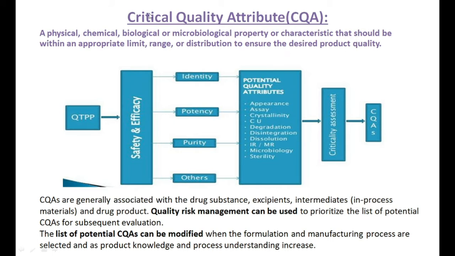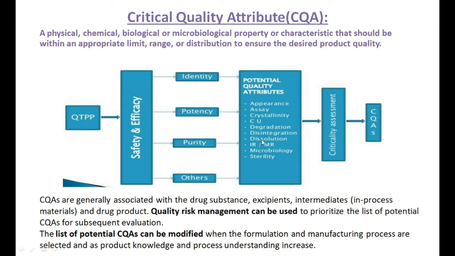That should be within an appropriate limit, range or distribution to ensure the desired product quality. QTPP also depends on the route of administration and type of dosage form. So based on that, by considering the identity, strength and purity, which affect the quality, safety and efficacy of the product, these are the potential quality attributes.